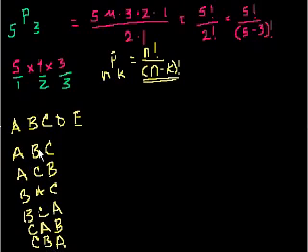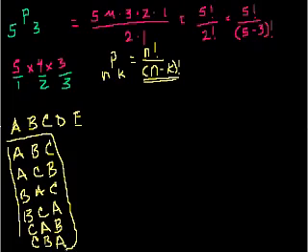But in our combinations, this is all essentially the same combination, because we don't care about the order, right? So for any 3 different people that are in these seats, there's actually going to be 6 permutations that we're counting when we do the permutations. So if we want the combinations, we'll just divide by the number of ways we can rearrange 3 people into 3 seats. That's essentially what we did here.